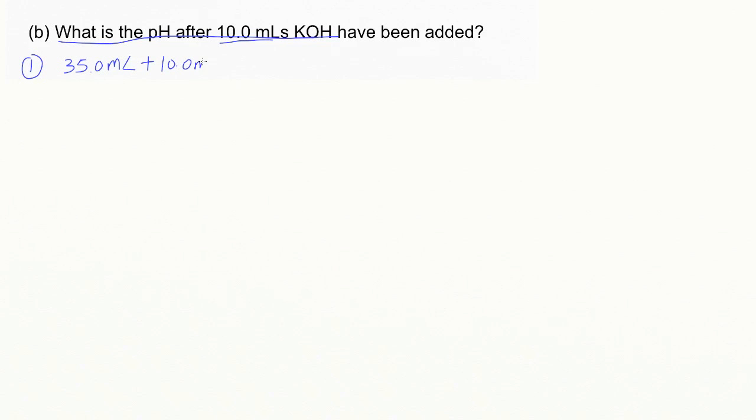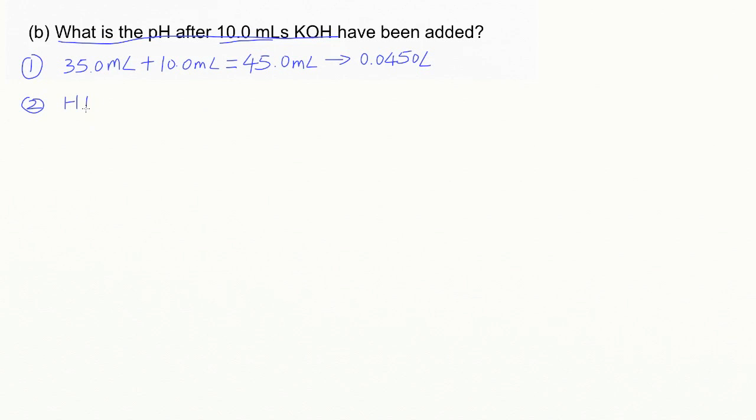That is the total volume, 45.0 ml. If you convert that to liter, that's going to be 0.0450 liter.